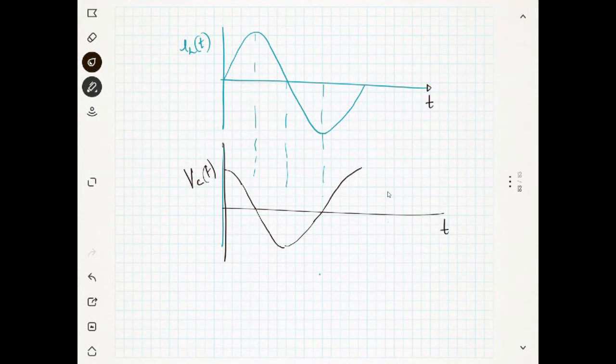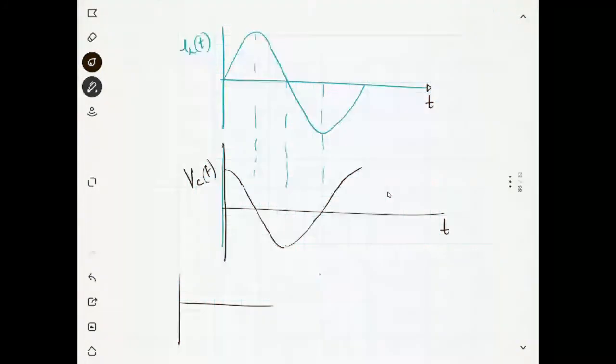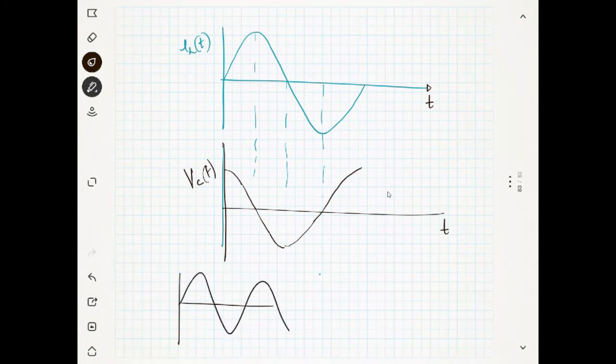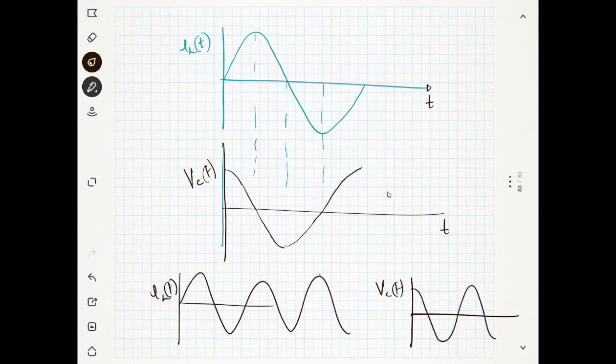So this is the working. You can see here the inductor current will be oscillating like this, and the capacitor voltage will be oscillating just with a phase shift like this.